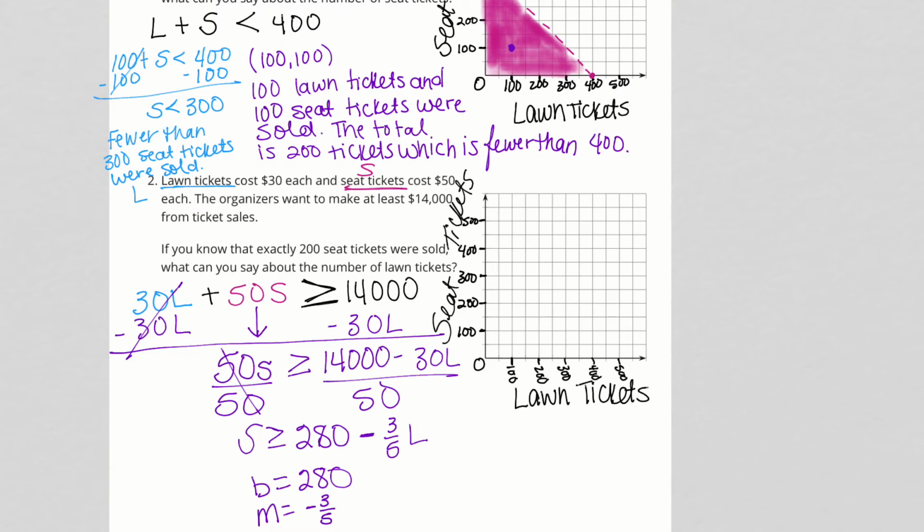Okay, so where do we start to make our line at? 280. Where is that going to be at approximately? Right below 300, right? Somewhere right in there. What do we do from there? What do we do from 280?